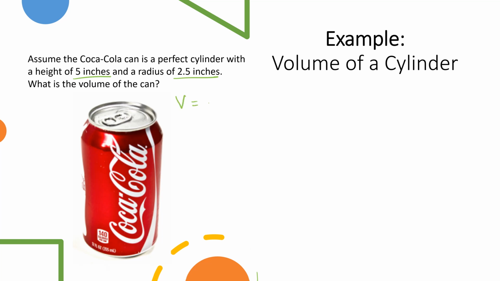Volume of a cylinder is V equals B times h, where B is the area of the base, and the area of the base is the area of a circle, so V equals pi r squared h. We know r is 2.5 inches, and the height is 5 inches. So therefore, we can substitute this information into our formula.